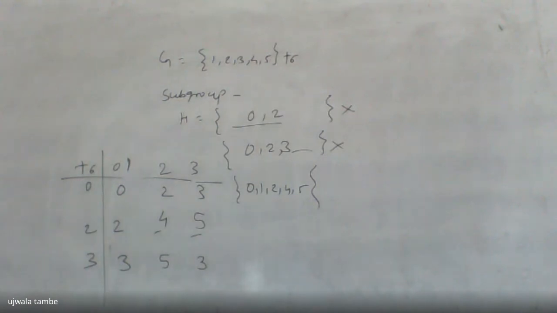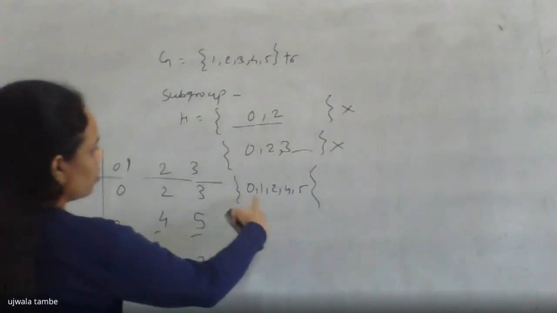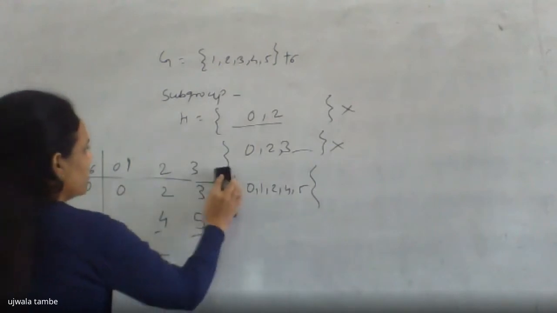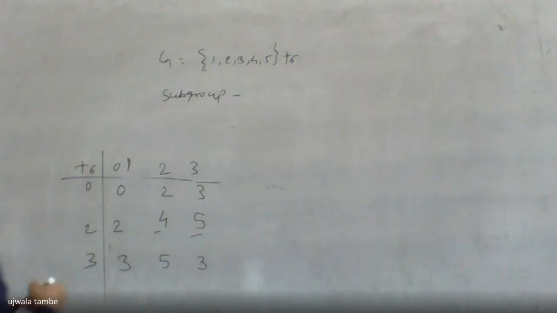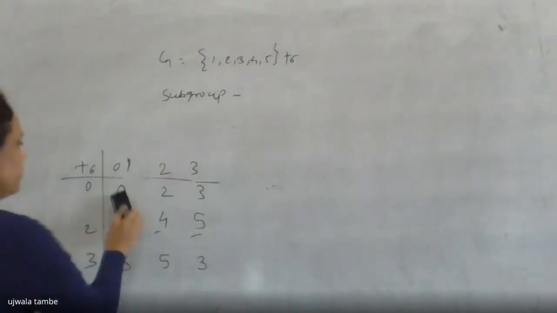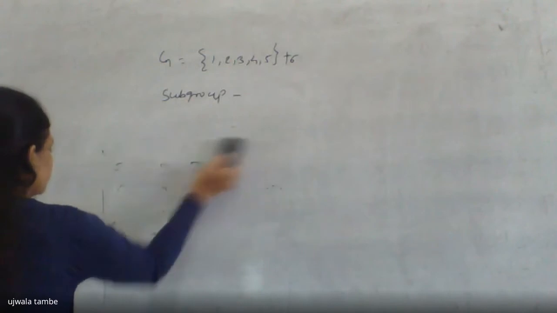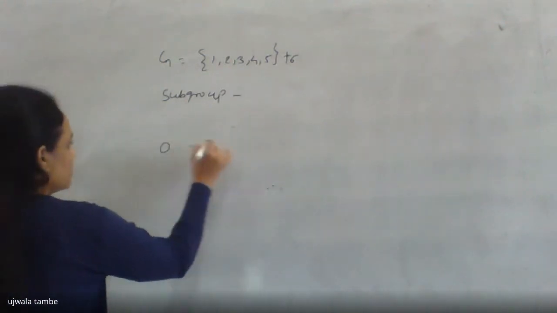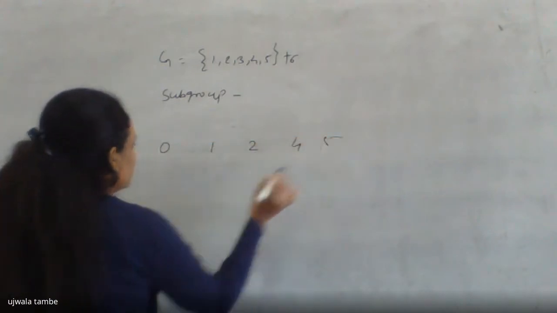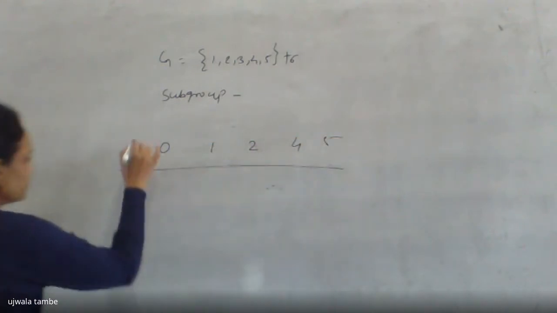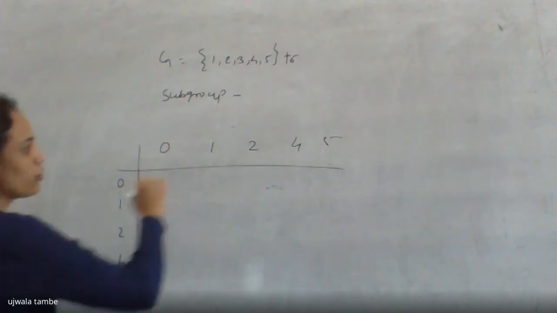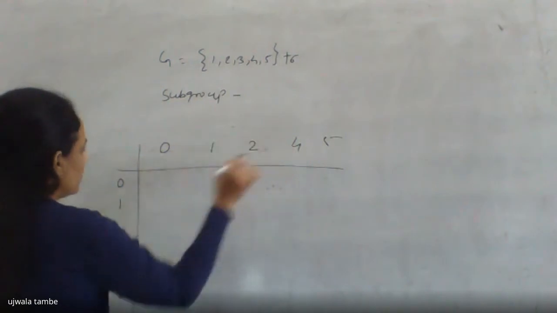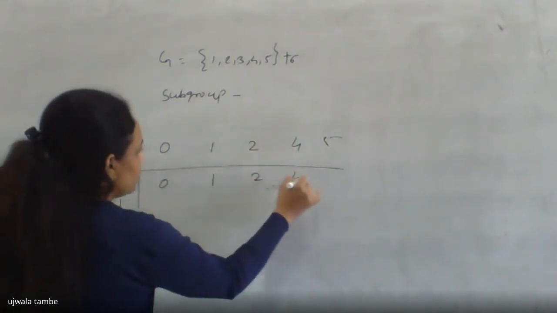Okay? Then we have to move towards 0, 1, 2, 4, 5. So the first row becomes as it is, because 0 plus anything gives us that element itself.